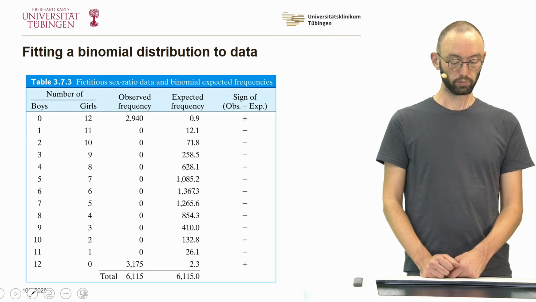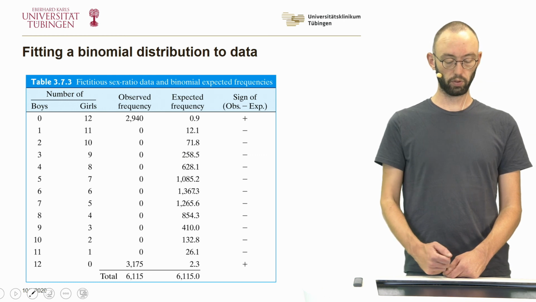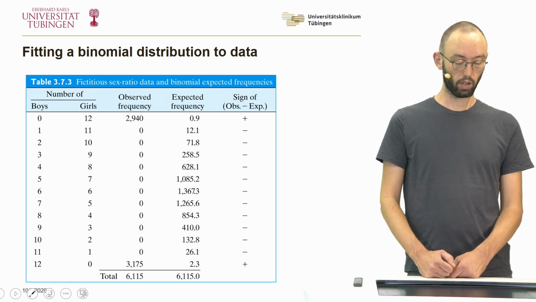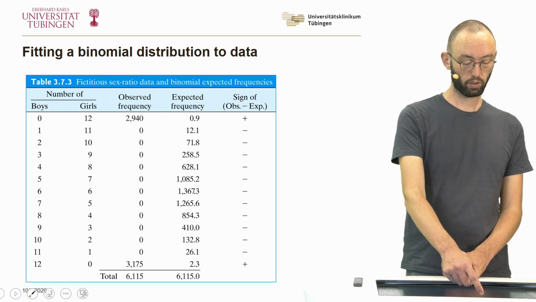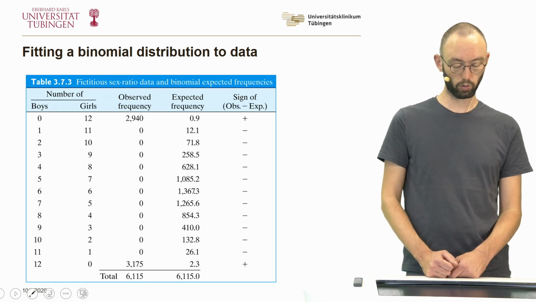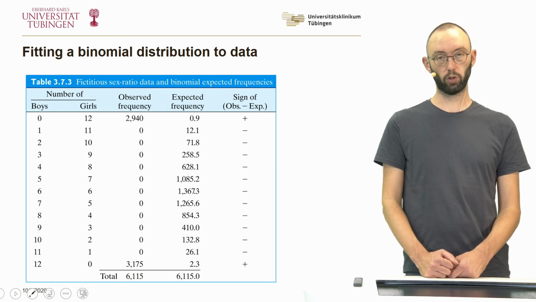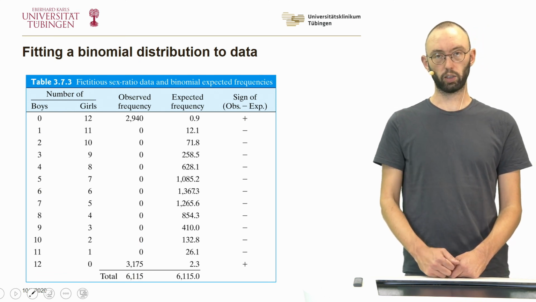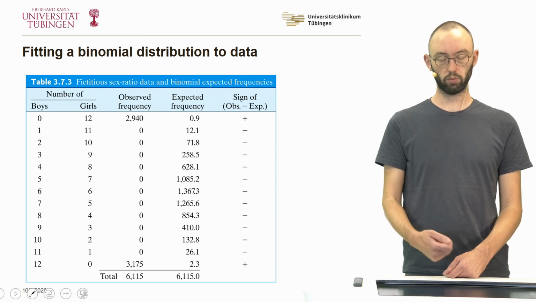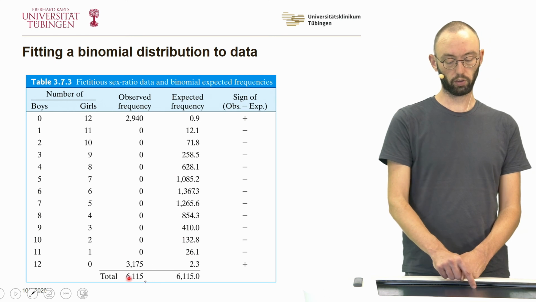So here you can see a fictitious example where this becomes very clear. If we had observed 2,940 families with 12 girls and 0 boys, and 3,175 families with 12 boys and 0 girls, then we can likewise have the same expected frequencies because the ratio of boys to girls doesn't change.